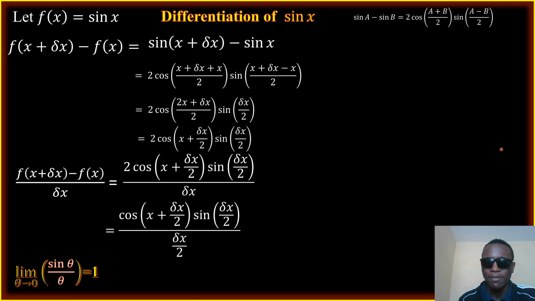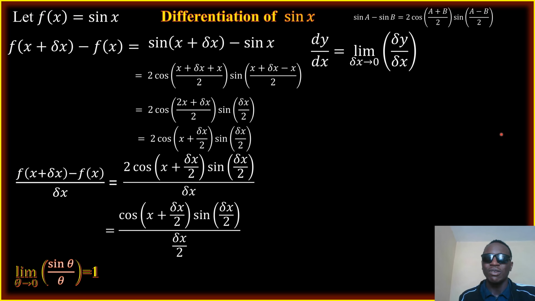Beautiful, right? So now, by definition, dy by dx, or the derivative, the differential coefficient of y with respect to x, which is our function, is equal to what? The limit as delta x tends to 0 of this gradient, delta y on delta x. And this expression that we have evaluated here, this is what we are calling the gradient.